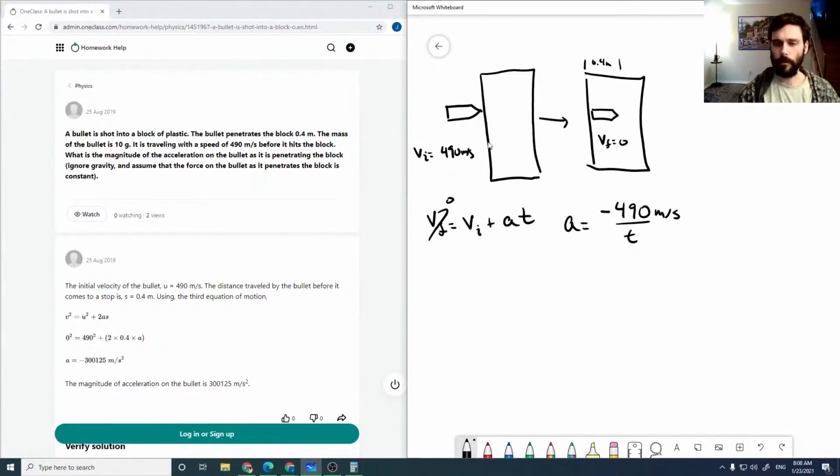So we can write our acceleration that way, but we really only have a displacement. So our displacement can be written as this. And again, we're missing a time. Our xi we're defining to be 0.